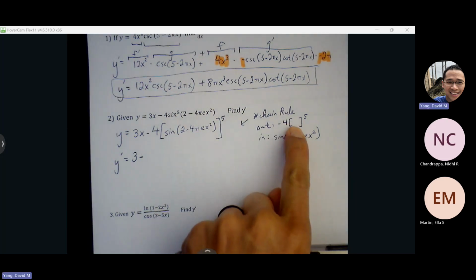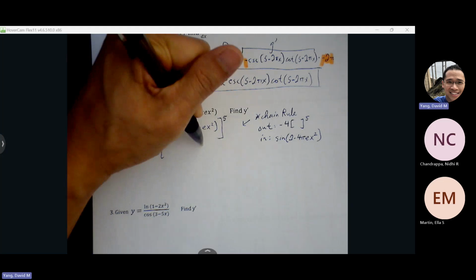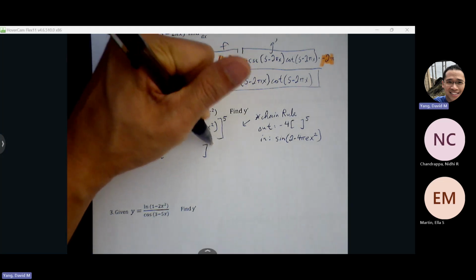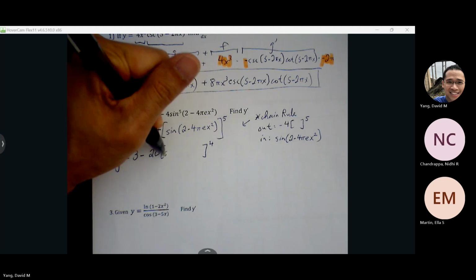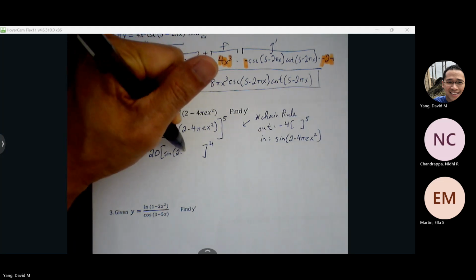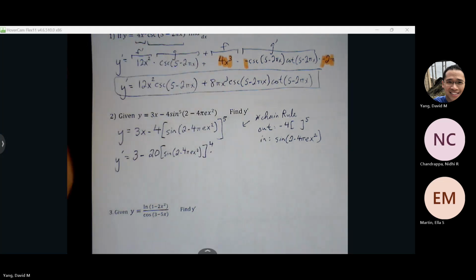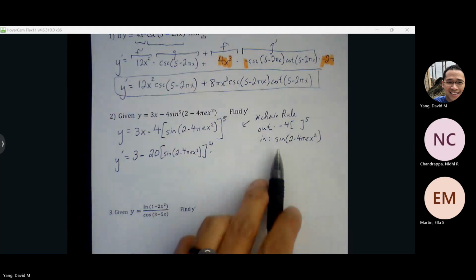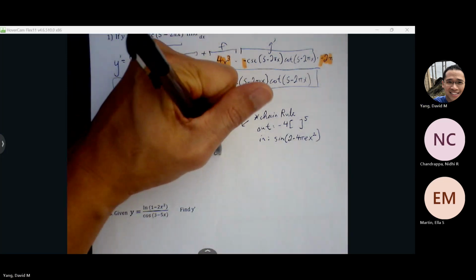Okay, outside's derivative, we go through power rule. 20 bracket to the fourth. Sine's derivative is cosine. Cosine of u times u prime.